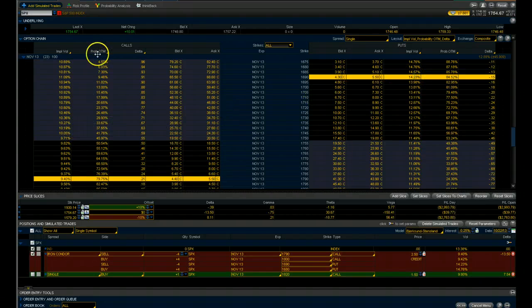And on the call side, we're down in the 9% range, and the implied volatilities go down. That's an example of what we call volatility skew. What we're saying is there's more risk to the downside than to the upside, and the market is pricing in more risk to the downside. So I gave it a little bit more room on the downside because, let's face it, this market is so extended. But in any event, we'll see.